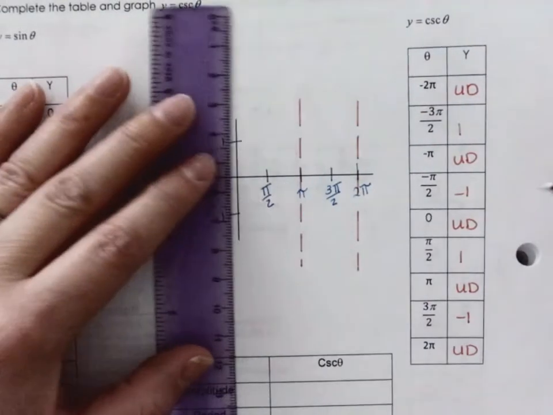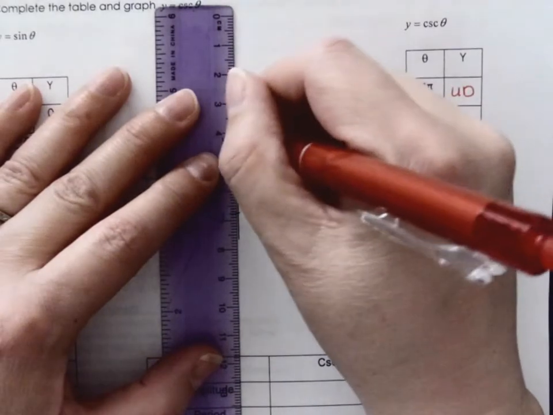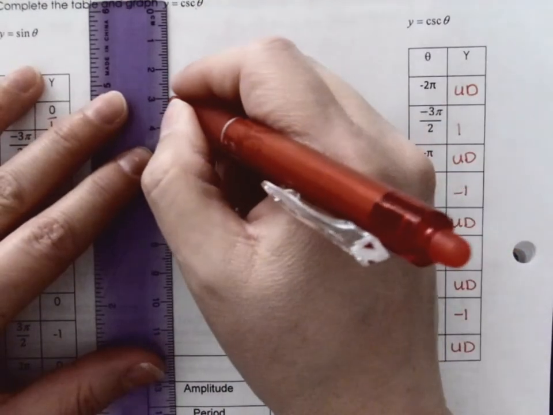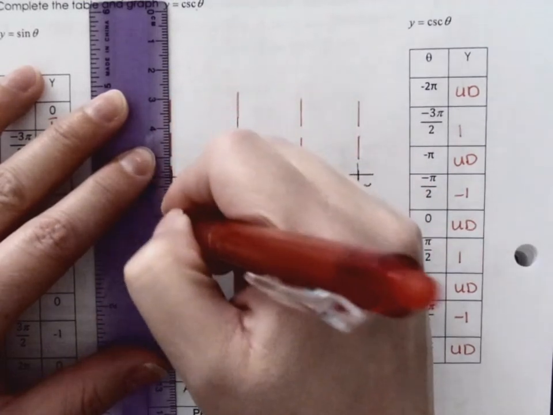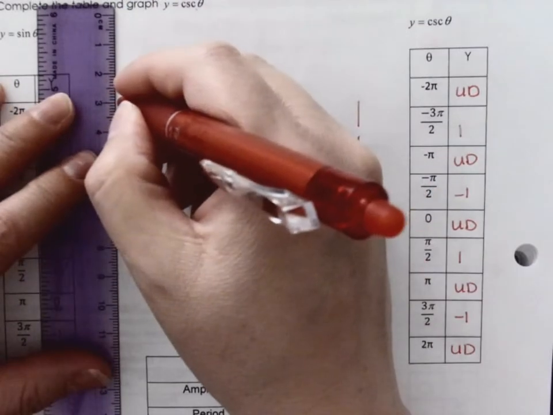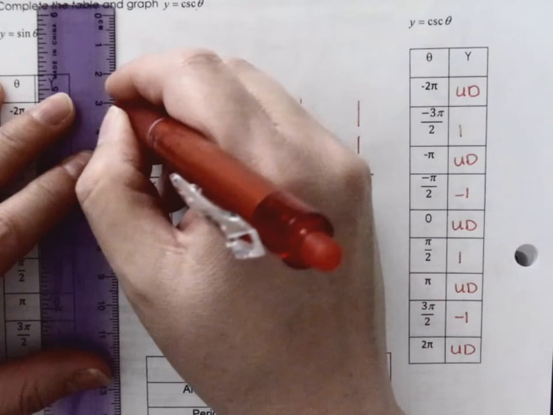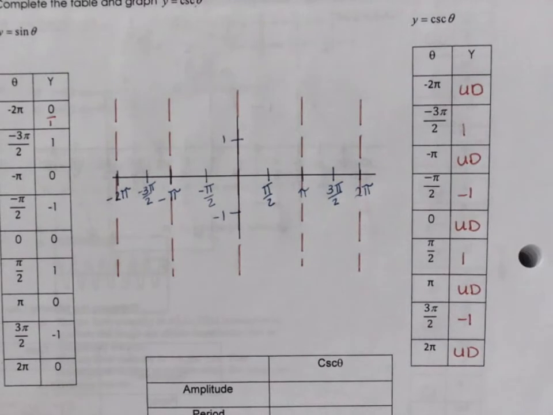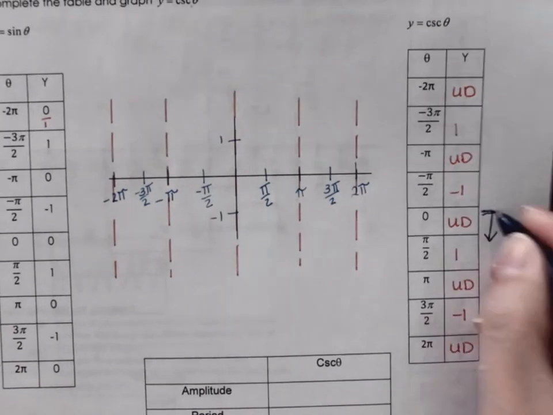Actually, I'm working back up the charts. 0, negative pi, and then negative 2 pi. All right. Now we could graph more points, but I'm hoping you're going to have faith in what I'm about to show you. Okay, perfect. Let's start at the positive.